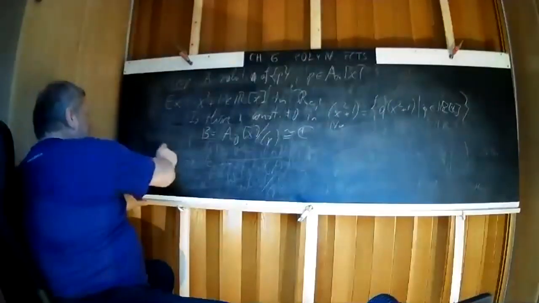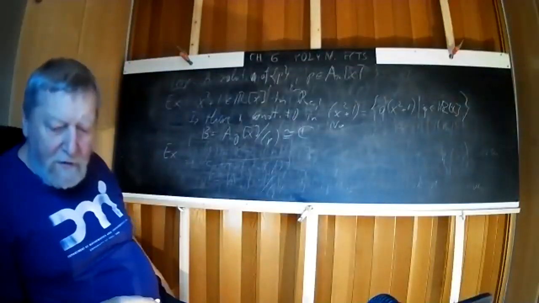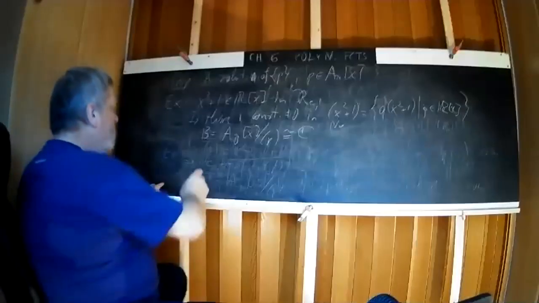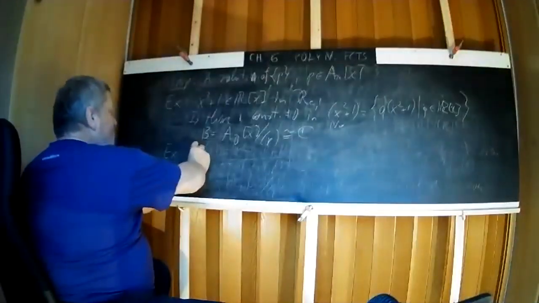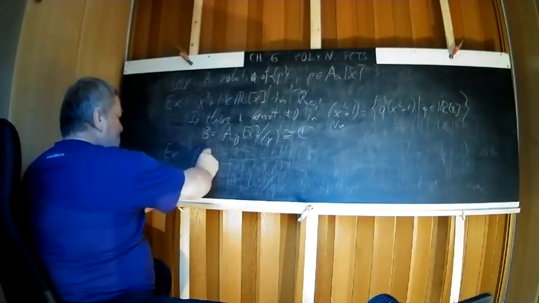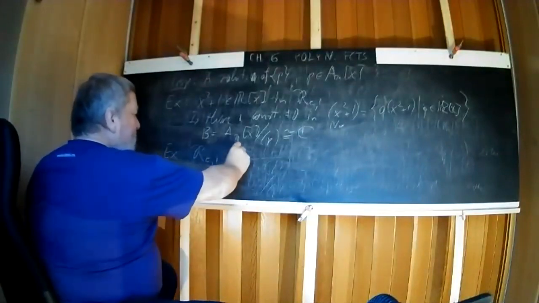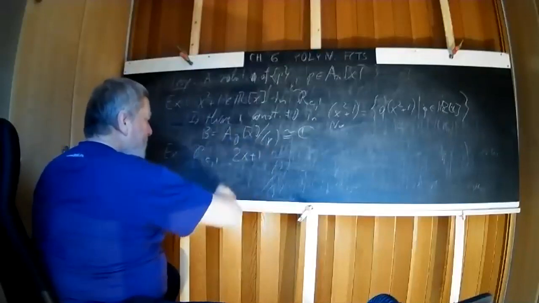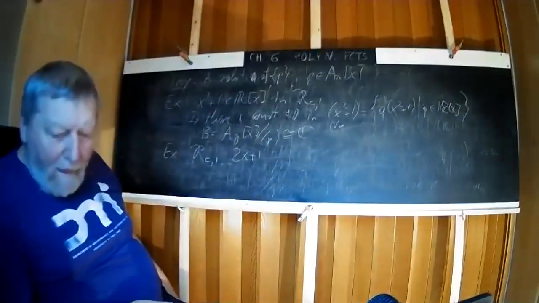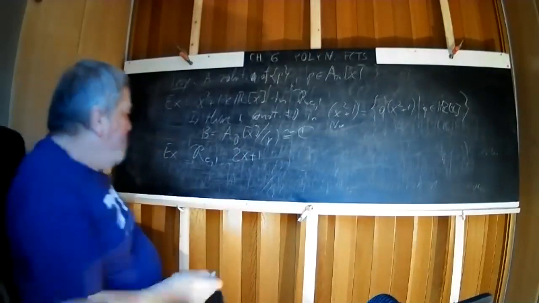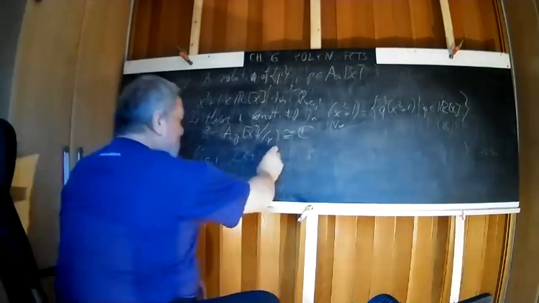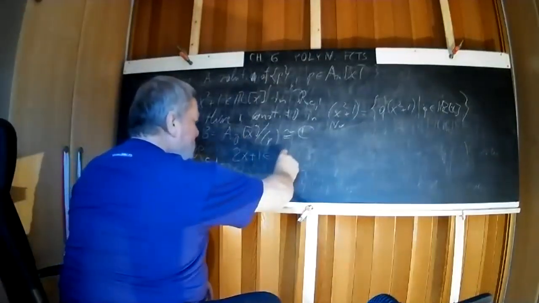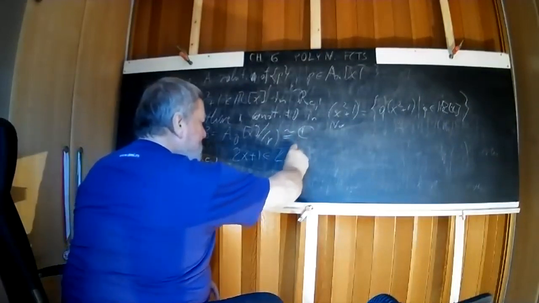Another example. What happens again in the variety of commutative rings with identity with the polynomial or the equation 2x plus 1? And we take this as an element of Z4 of x.